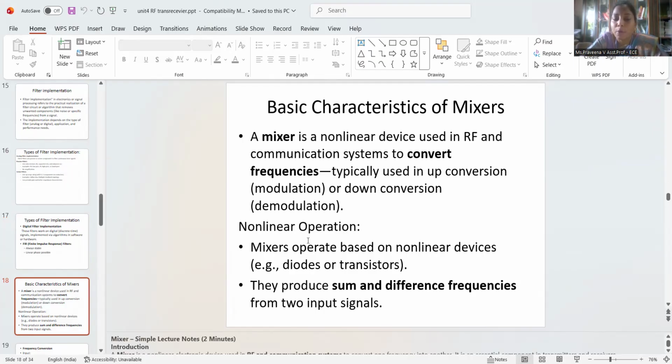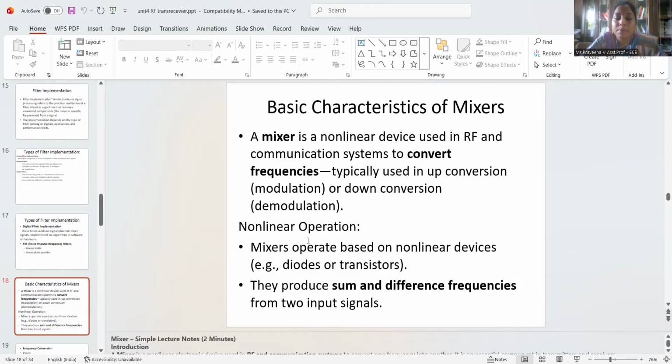It is an essential component in transmitters and receivers. Generally, mixers are used for up conversion, that is modulation. Up conversion is nothing but converting a low frequency signal into a high frequency signal for transmission. And down conversion is nothing but demodulation. It will convert a high frequency received signal to a low frequency signal for easier processing. That is the main concept.